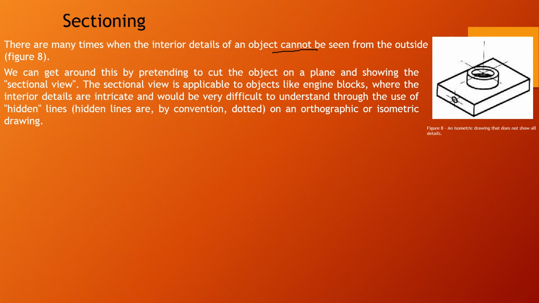The sectional view is applicable to objects like an engine block, where the interior details are intricate and would be very difficult to understand through the use of hidden lines. Hidden lines are by convention dotted on an orthographic or isometric drawing.